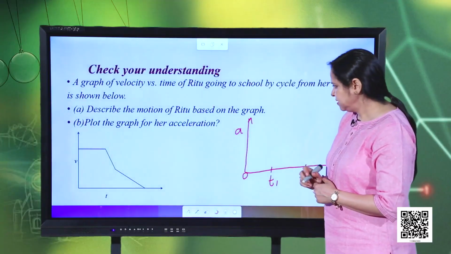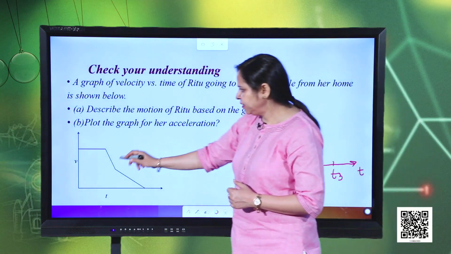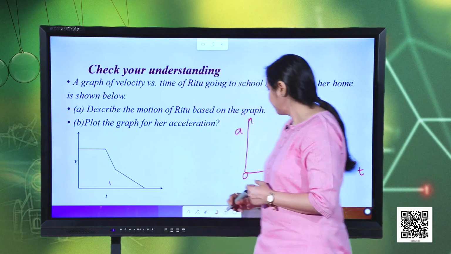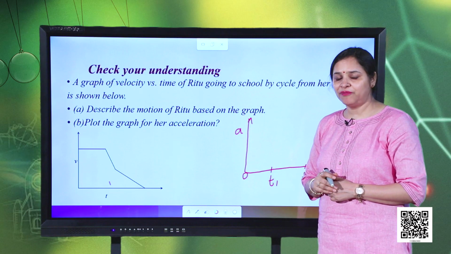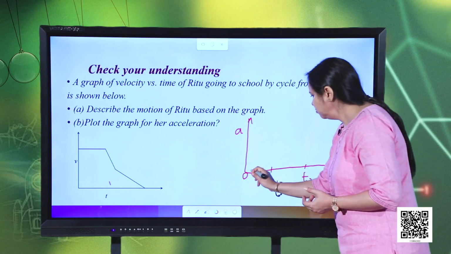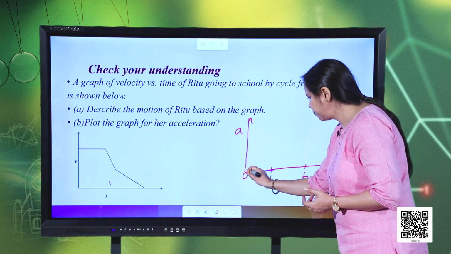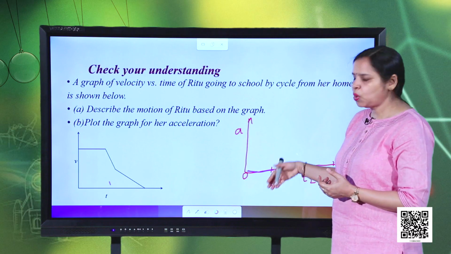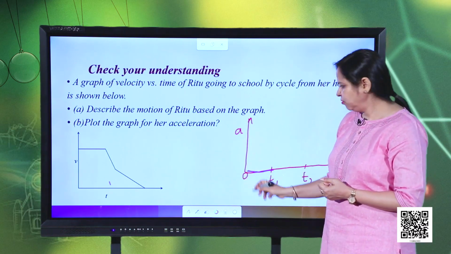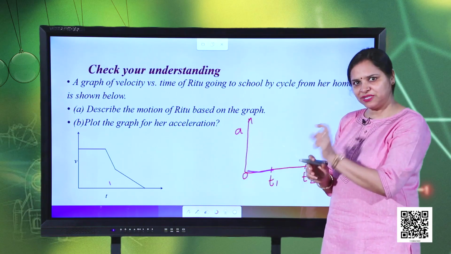Now, let us plot the acceleration time graph for the time interval of 0 to t1, wherein the velocity is uniform. Since the velocity is uniform, we may conclude that acceleration has to be 0. So, in this duration we plot a graph which is overlapping the time axis, since acceleration is 0.